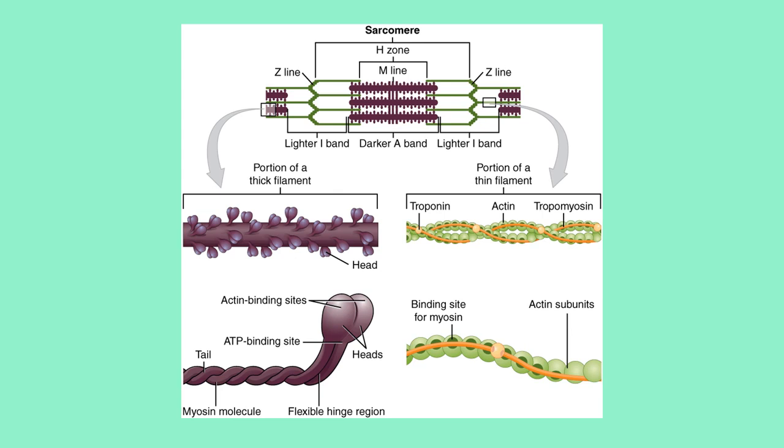You can stand there all you want, but if the keyhole's covered up, you're not putting the key in. You've got to move the hand and then put the key in. So this is a way of helping to kind of regulate contraction versus being at rest. At rest, that binding site's covered up. For muscle contraction to occur, you're going to have to move that orange line, which is the tropomyosin.